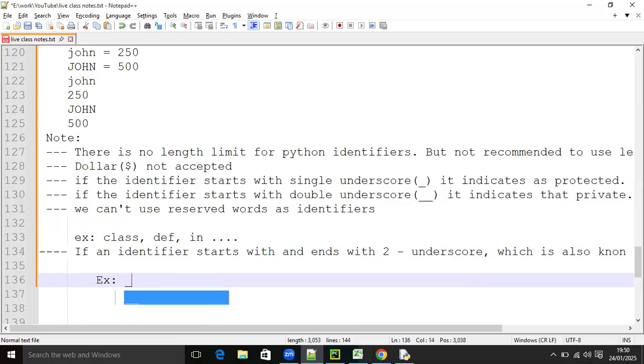So start with the double underscore, right? Here I have specified double underscore, like add, then again you have to give double underscore and parentheses. So it is going to add two values. Next, sub means subtraction.